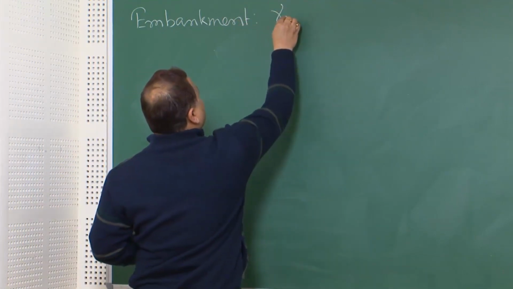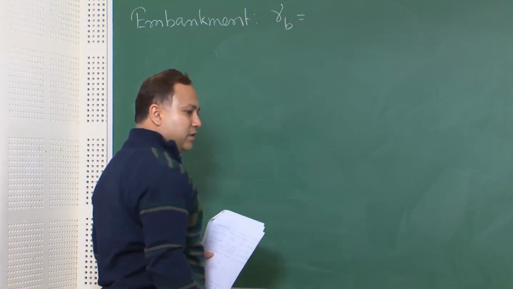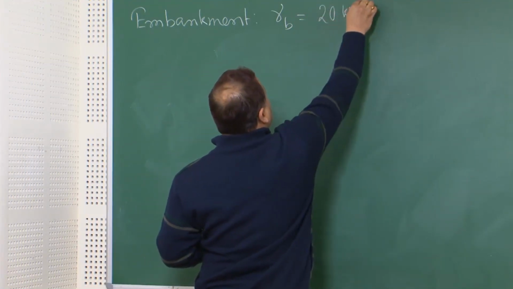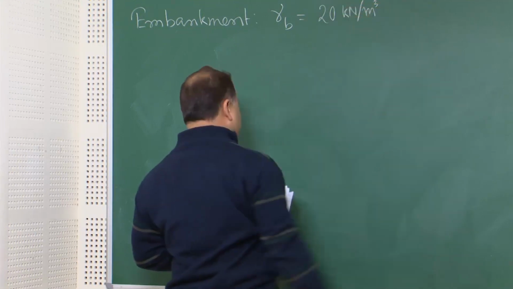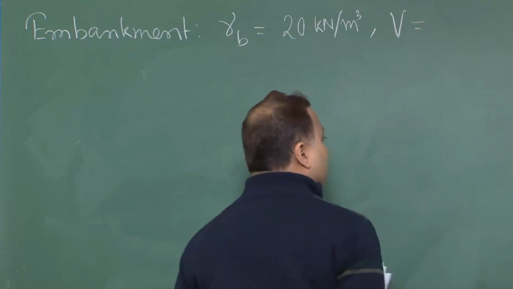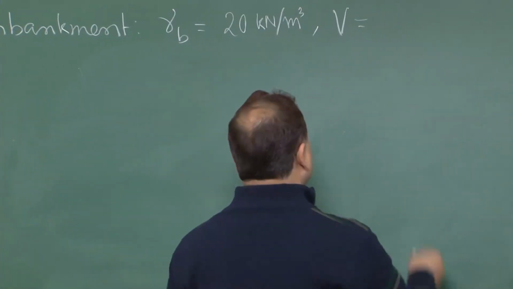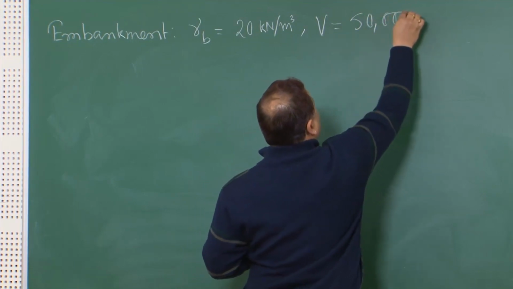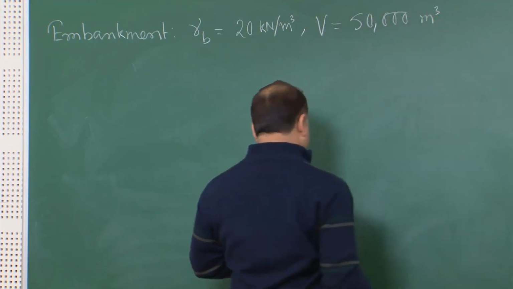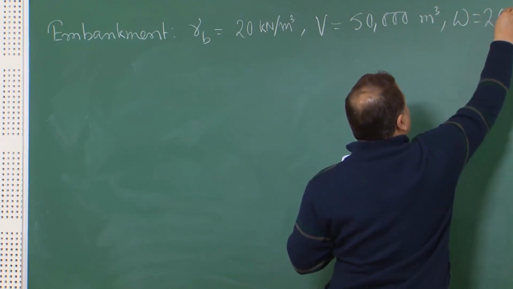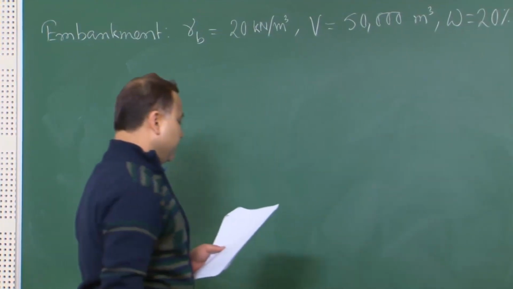you know the bulk unit weight is given, that is 20 kilonewton per cubic meter. The volume of the embankment, or the soil which is coming on the embankment, is 50,000 cubic meter, and the water content is 20%.